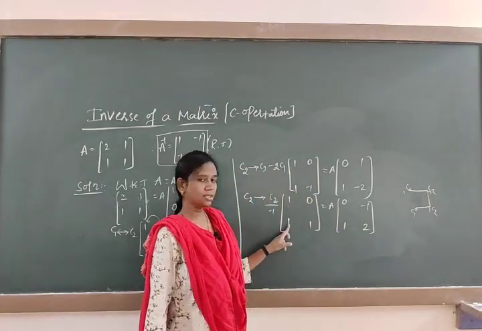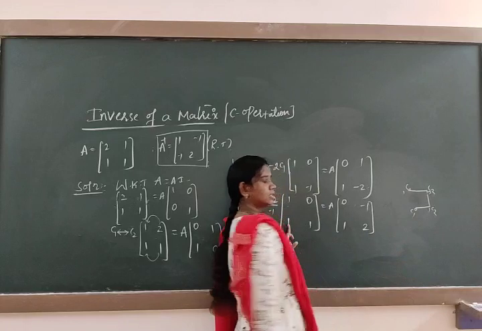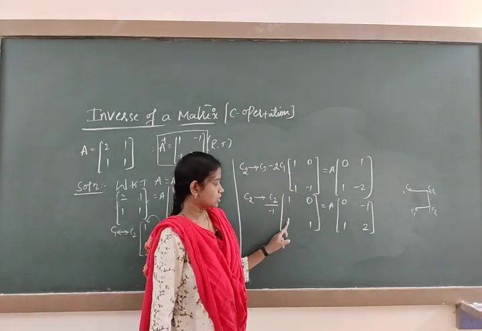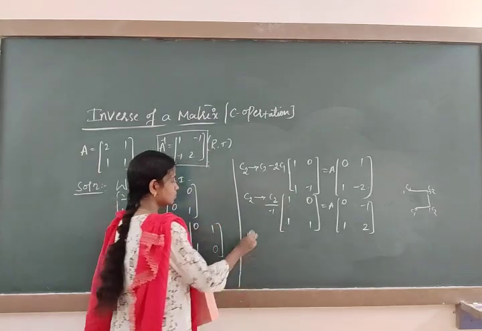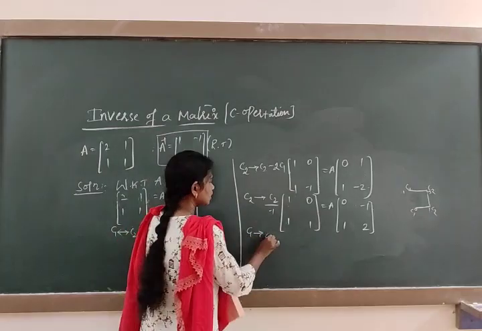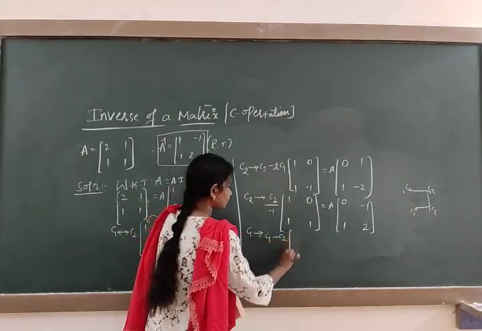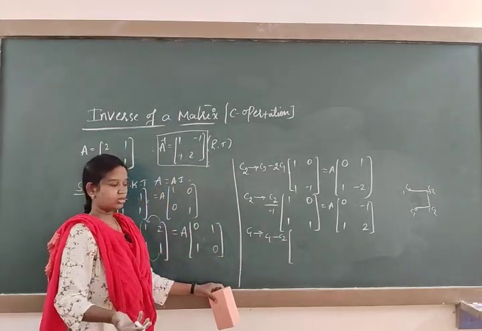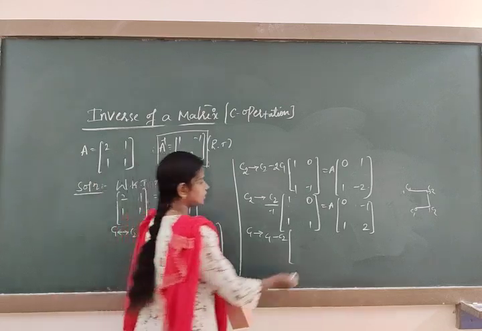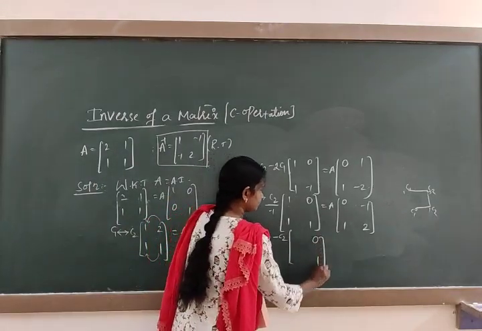Now this portion should be 0 according to this figure. So this 1 is present in which column? C1. So take the transformation: C1 changes as C1 minus C2. 1 into C2 means C2. We are changing C1, so the C2 elements are the same.